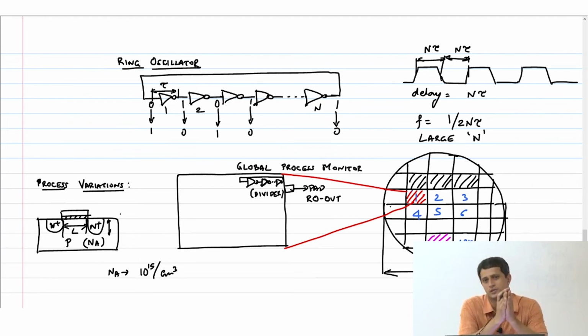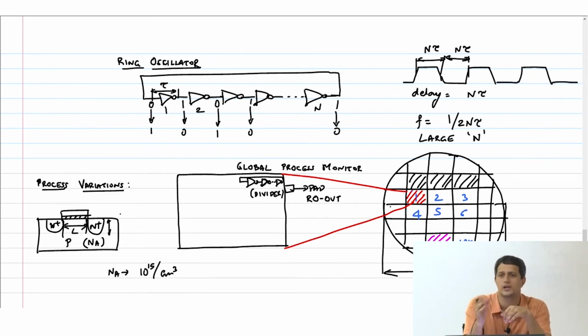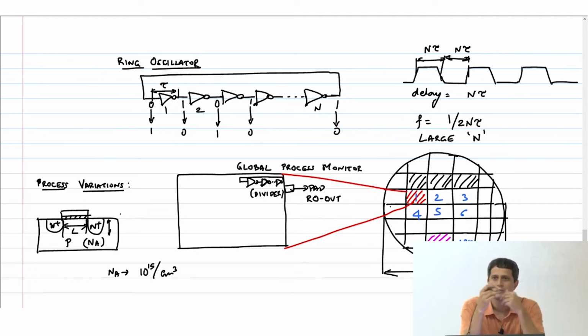Now think about this. If I have 100 dopant atoms and 10 of them are not ionized correctly, which means there is a defect. They are not participating in terminating the electric field or whatever it is. They cannot give me a free electron. What will happen to the VT? It has to go up, because I have to put in more effort to get other dopant atoms to give me more free electrons.